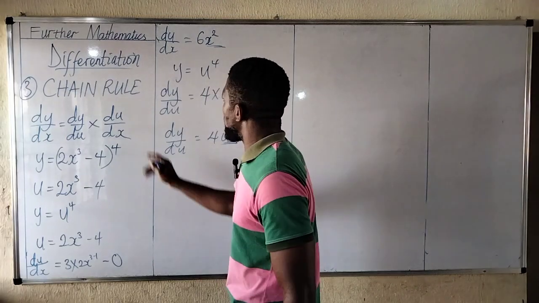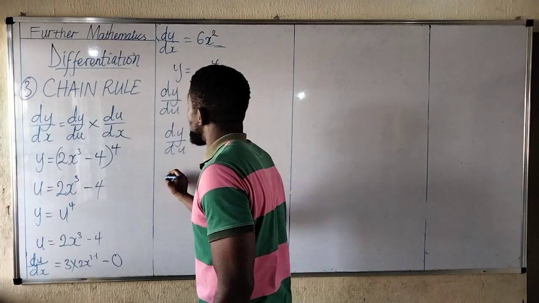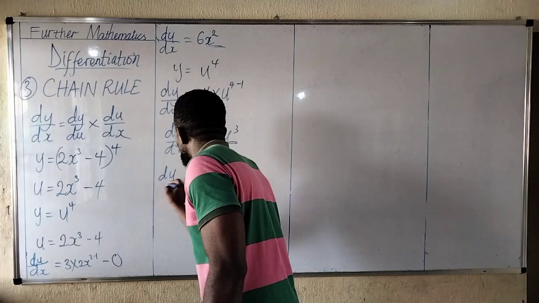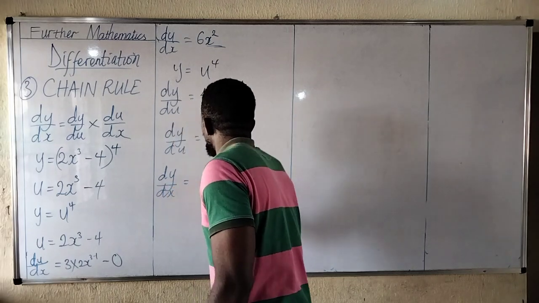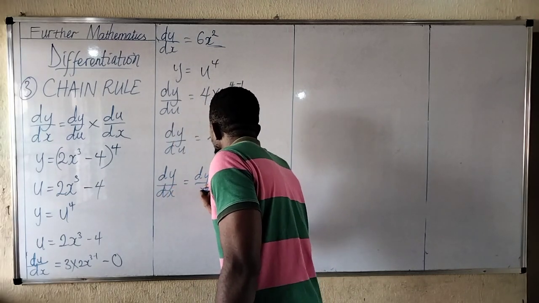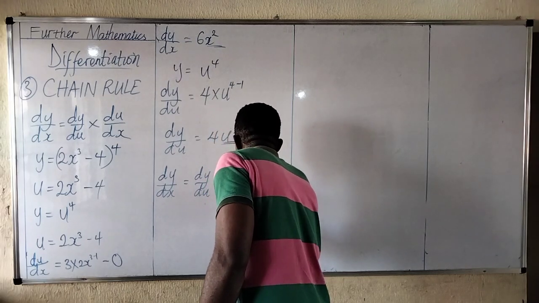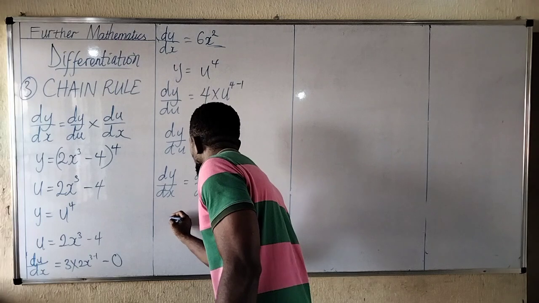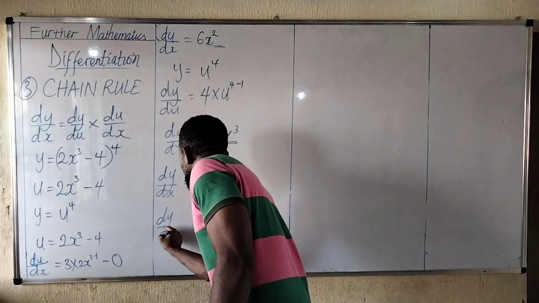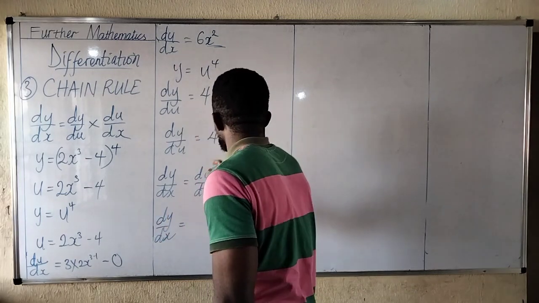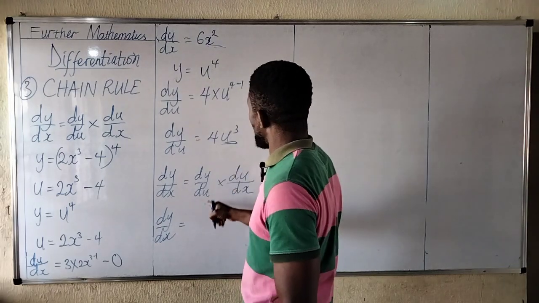Let us put the formula together. So the formula for chain rule says dy over dx equals dy over du times du over dx. So substituting this, we are going to have dy over dx equal to, now what is our dy over du?